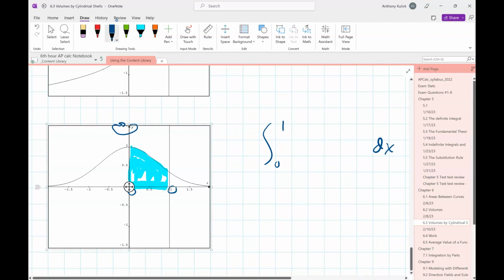Okay, we'll pick an arbitrary x. So that's the point x comma y. What is the horizontal component? That's the radius. The vertical component is the height. So just 2 pi x and then e to the negative x squared.